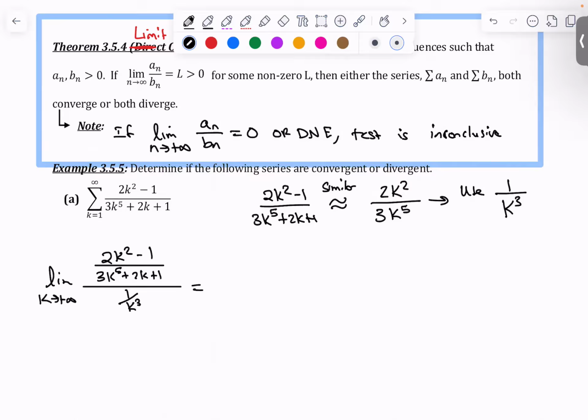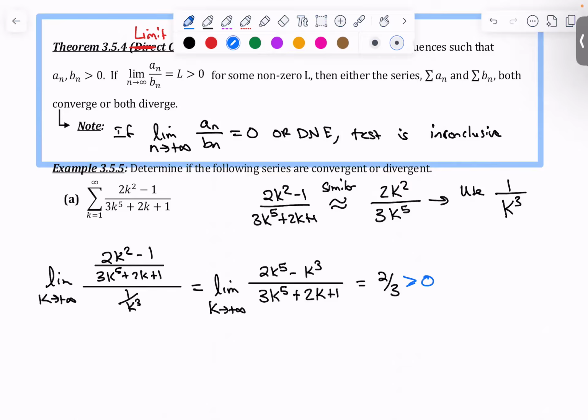So this equals the limit as k approaches positive infinity of 2k to the fifth minus k cubed divided by 3k to the fifth plus 2k plus 1, which equals 2/3, which is strictly greater than 0. It's finite.